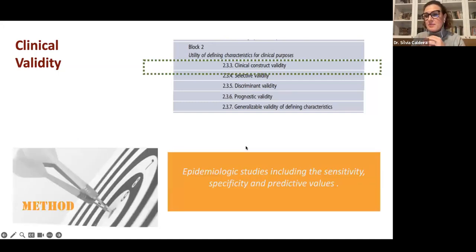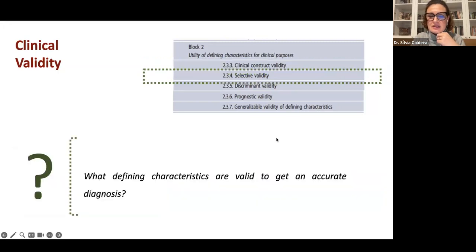So these are epidemiologic, methodologic studies that include the sensitivity, specificity, and predictive values of the defining characteristics for that nursing diagnosis. But if we have this question, what defining characteristics are valid to get an accurate nursing diagnosis, then we are talking about selective validity.